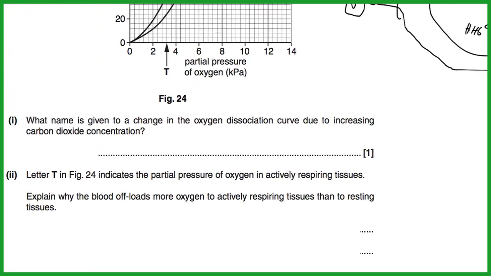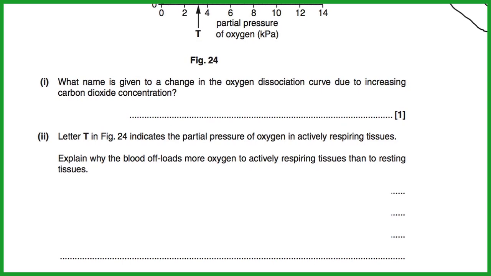So going back to the question, what name is given to the change in the dissociation curve? Remember, that was the Bohr effect or Bohr shift. And then letter T indicates the partial pressure of oxygen in actively respiring tissues. These actively respiring tissues are producing lots of carbon dioxide. And then explain why the blood offloads more oxygen to actively respiring tissues than to resting tissues.